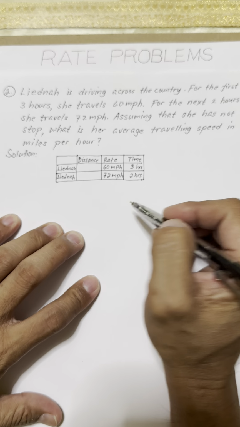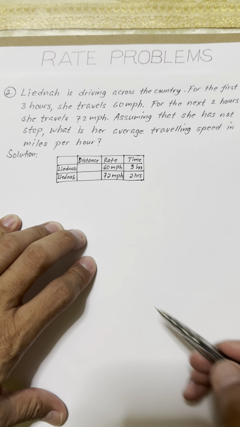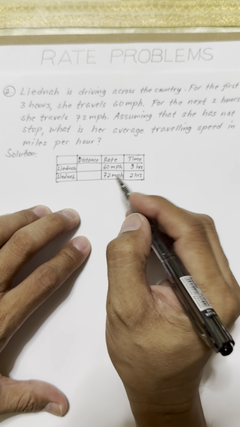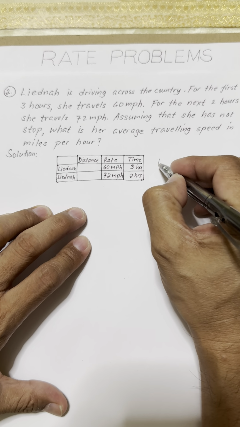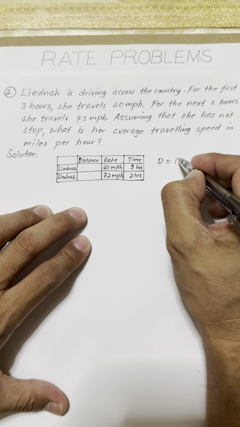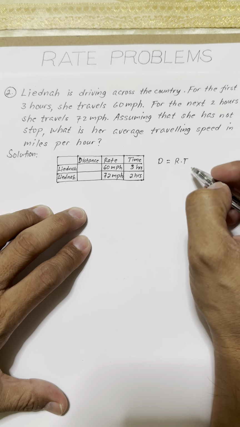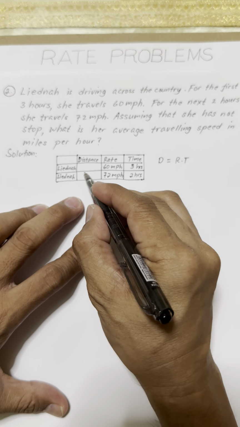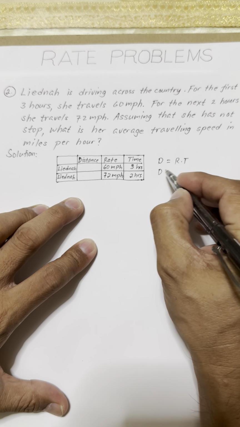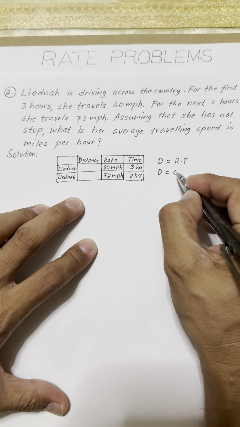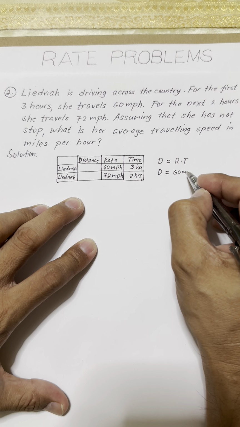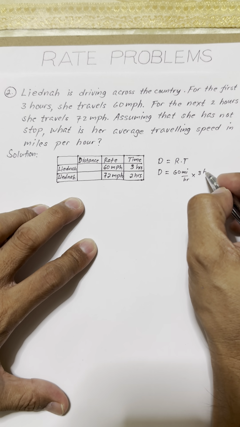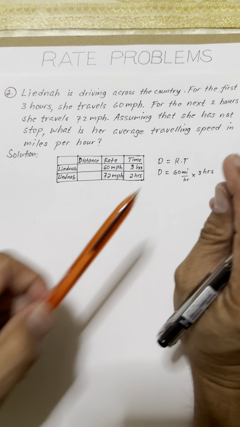As you can see here in the table, we still have vacant slots without information, but from the formula, distance equals rate times time, we can calculate the distance given the rate and also the time. So for the first 3 hours, we have distance equal to rate, which is 60 miles per hour, times 3 hours.